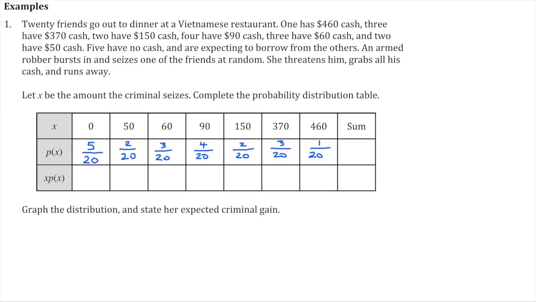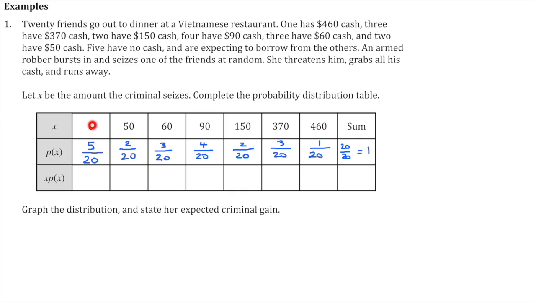If I add all of those up, they should add up to 20 out of 20, which is 1. If they don't add up to 1, we've got a problem because we haven't taken into account all of the scenarios. Now, this row is X multiplied by P of X.